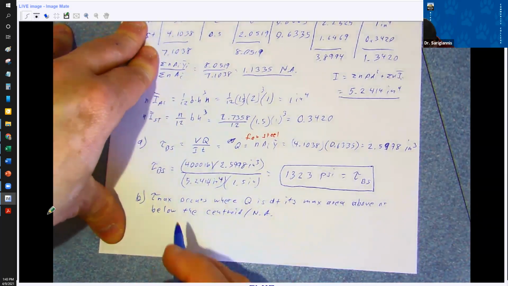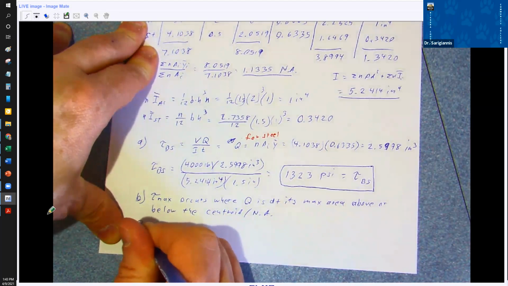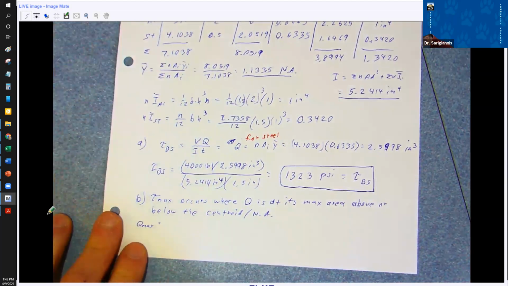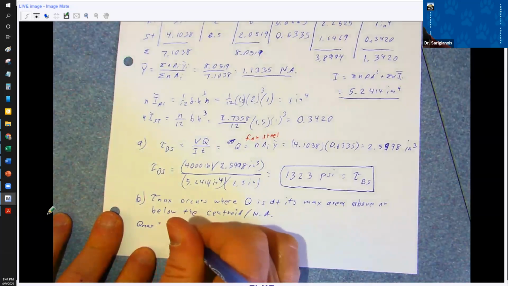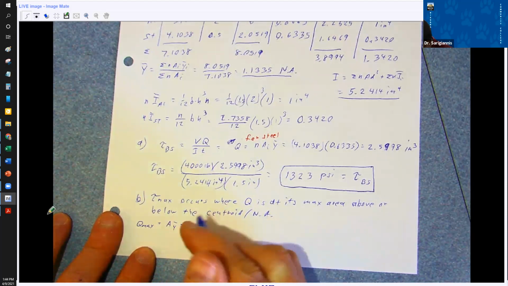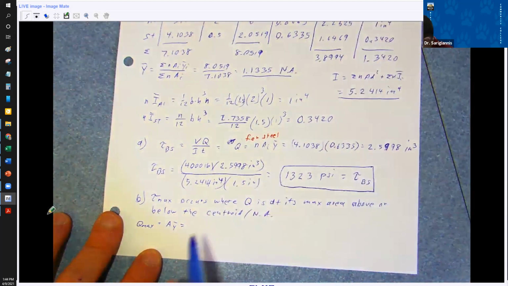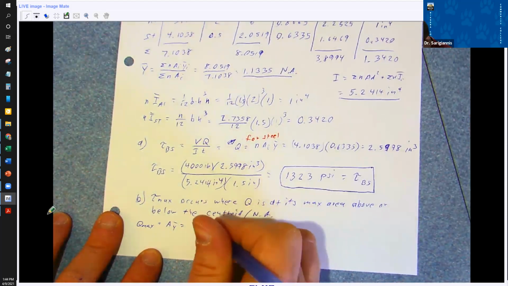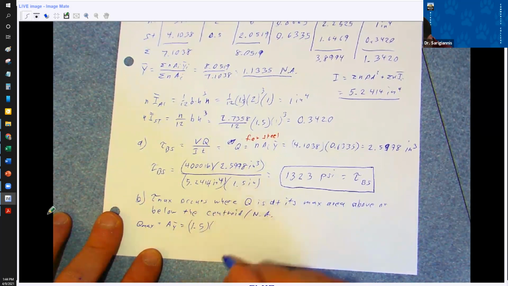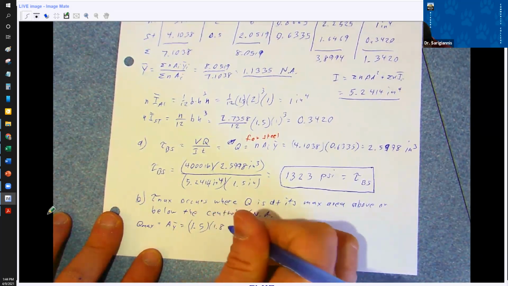So Q max is a y bar basically divided by 2. Well, I mean the whole A. So let's just take one of the numbers here. 1.5 times 1.8.